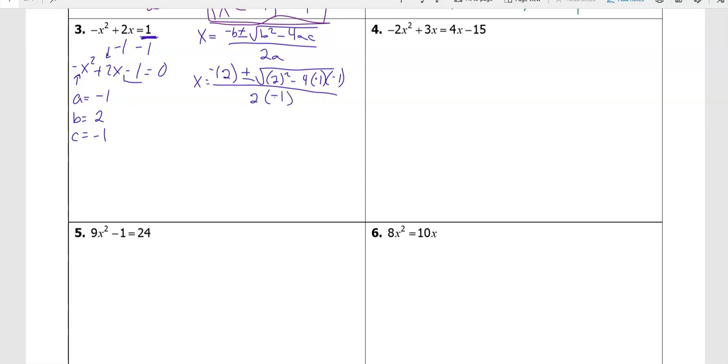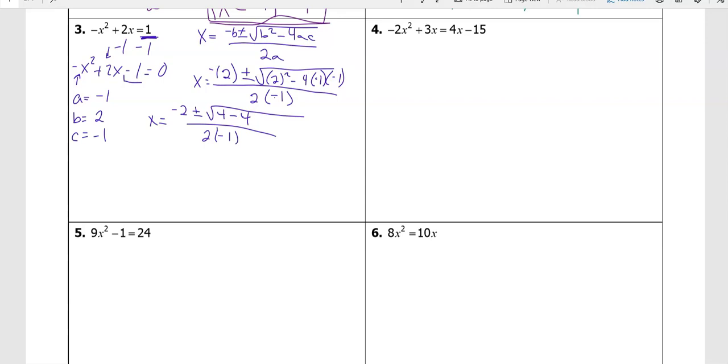All right, so we have x equals negative 2 plus or minus the square root. 2 squared is 4 minus 4 times negative 1 times negative 1, which is negative 4 times negative 1 is 4. So 4 minus 4 all over 2 times negative 1.